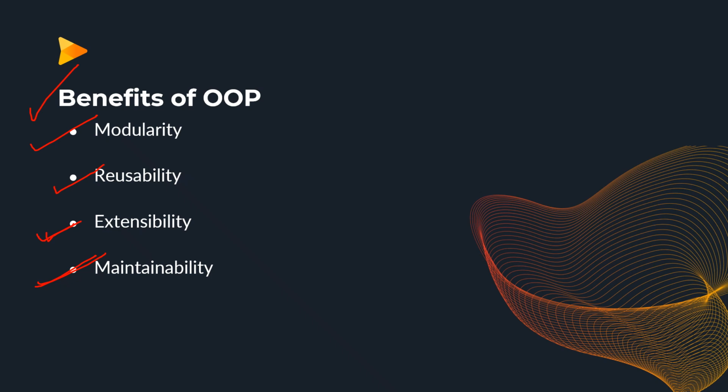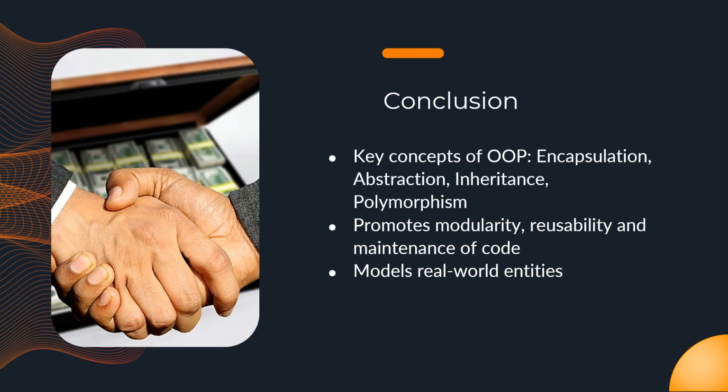I hope you have understood these things, but I know that you have not understood everything, because object oriented programming is a very big topic and it cannot be covered in a single 5 to 10 minute video. It needs a full course, and we are working on that course.